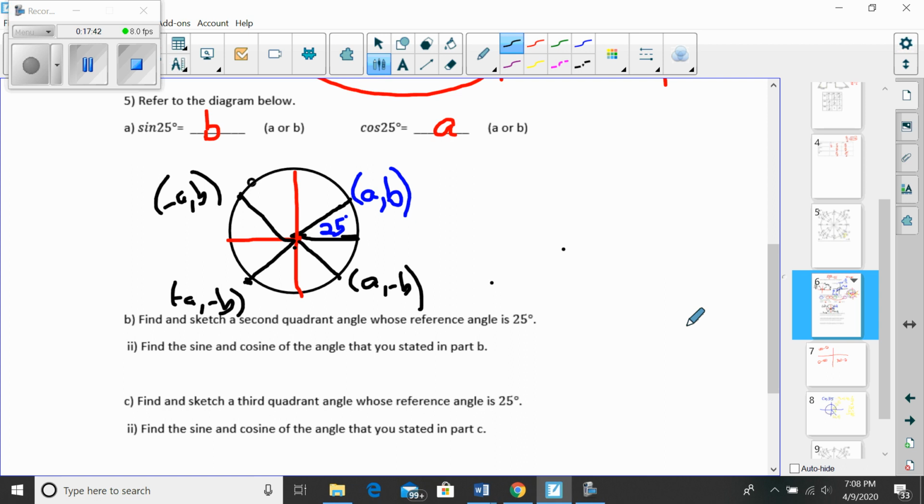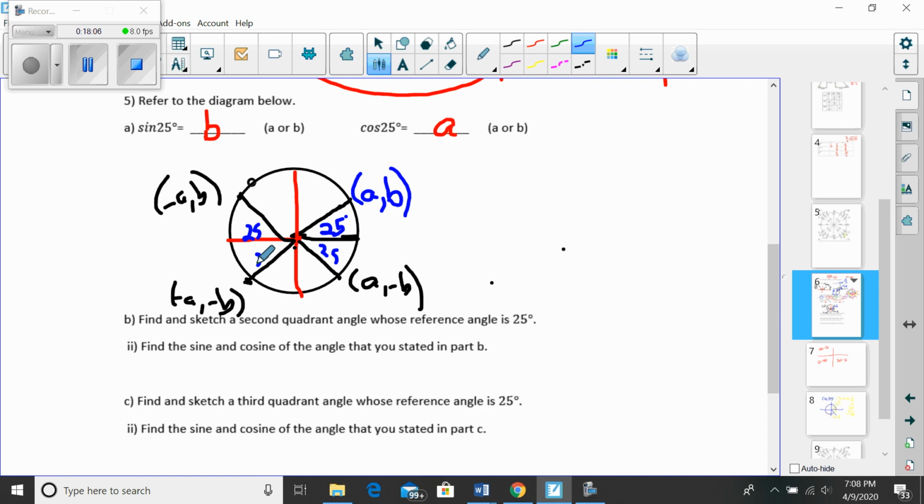Okay. So if you spend a minute, maybe pause the video and try to find the angle in the second quadrant that has 25 as its reference angle. Okay, so again, this is 25. This is 25.